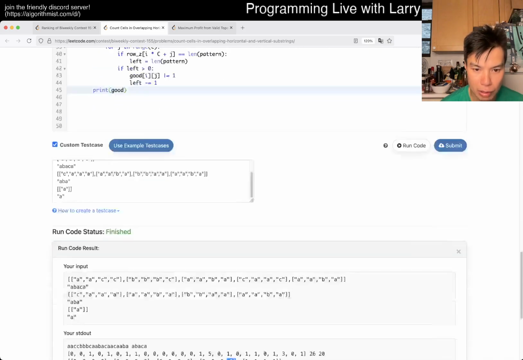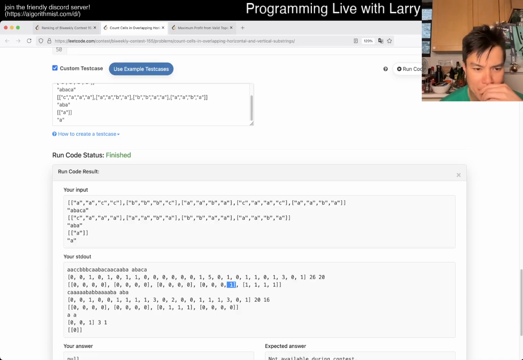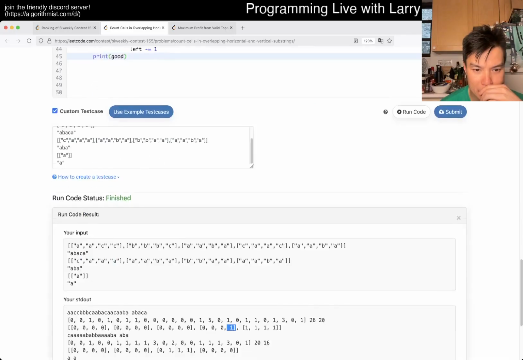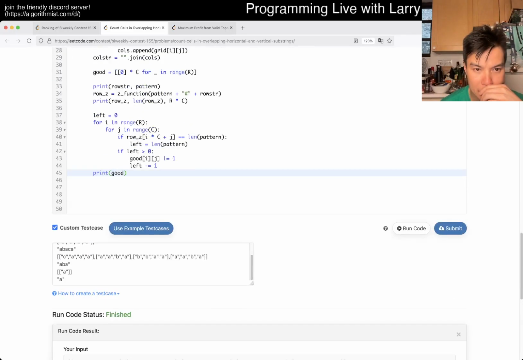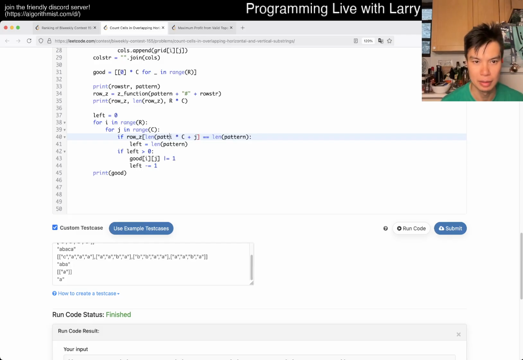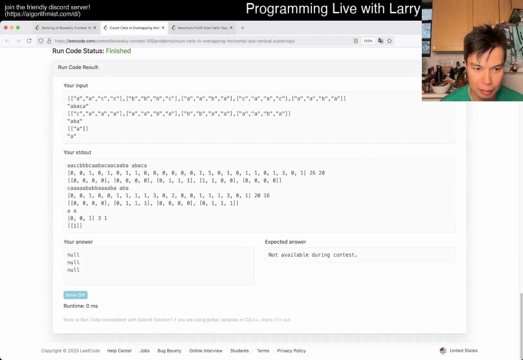I think that's quite right? Because it should be, oh, I forgot to do the shift thing. This is for pattern, plus 1 plus this. I probably should put it in a constant, but okay.